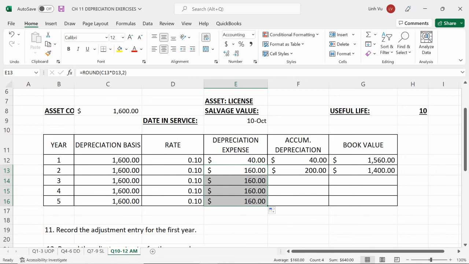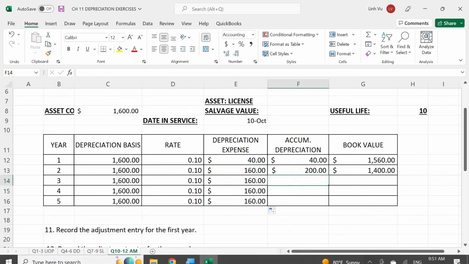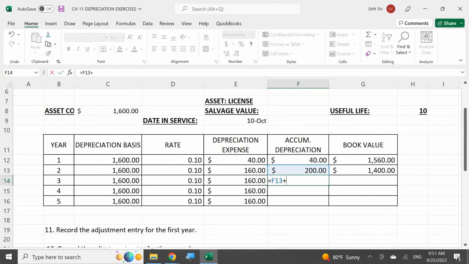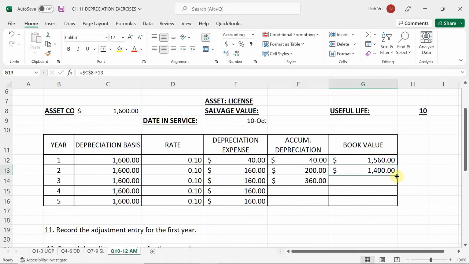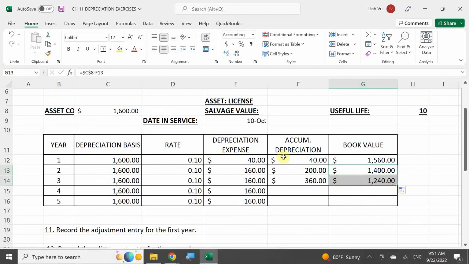So in this case, what's my accumulated depreciation for year 3? 360, which will bring my book value to $1,240.